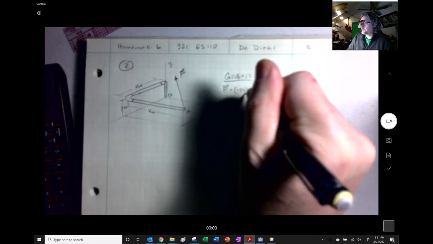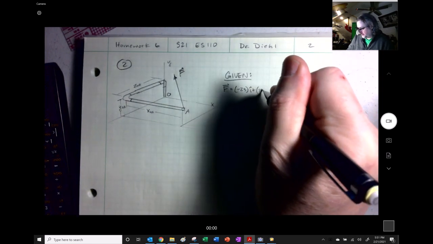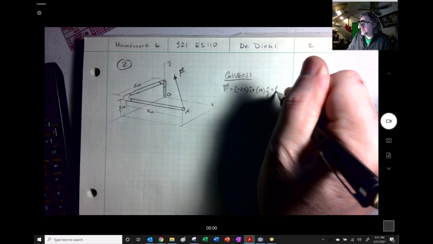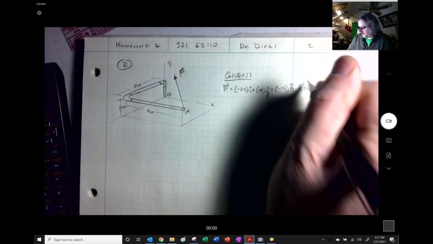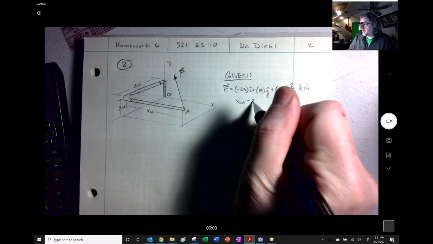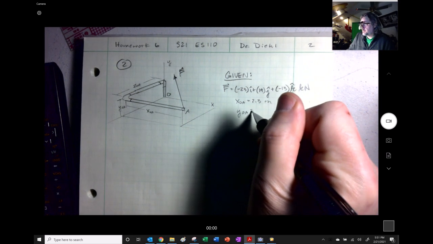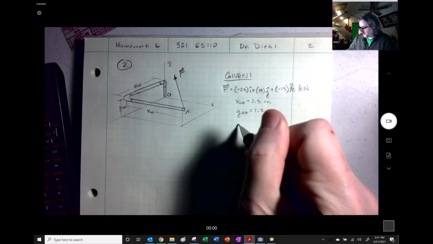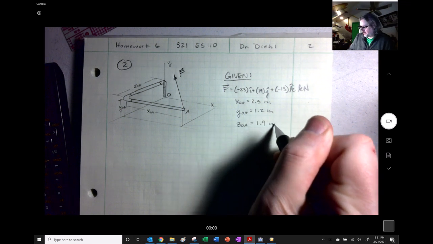Okay, so we have 23I and 19J and minus 13K, and these are kilonewtons. And my other dimensions are XOA 2.3 meters, YOA is 1.2 meters, and ZOA is 1.9 meters.